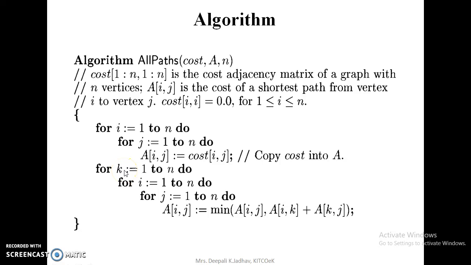Either it goes through vertex k or does not go through vertex k. So again here we use three simple for loops and then we compare the minimum of A(i, j), whatever in the previous matrix as it is, or if it goes through vertex k. Among these, whatever the minimum, that we consider as A(i, j).